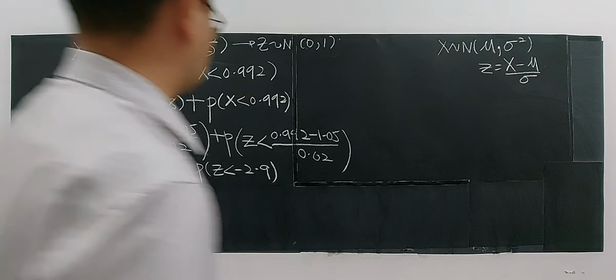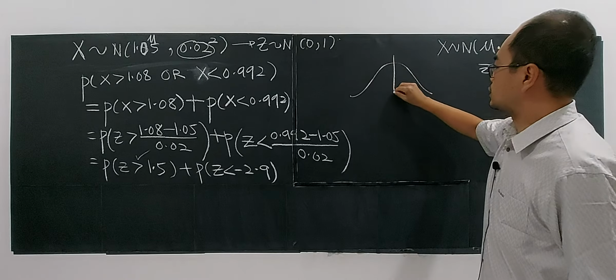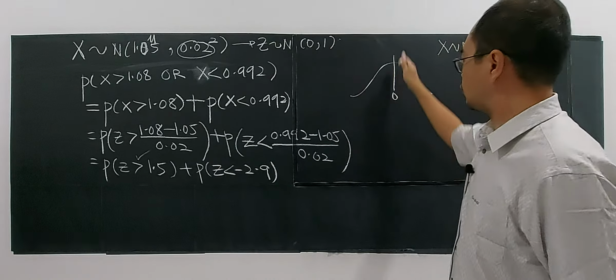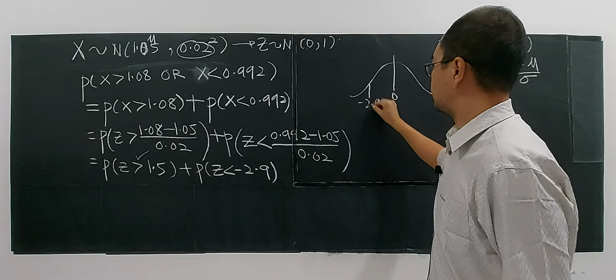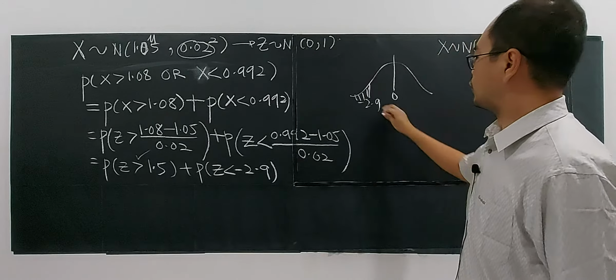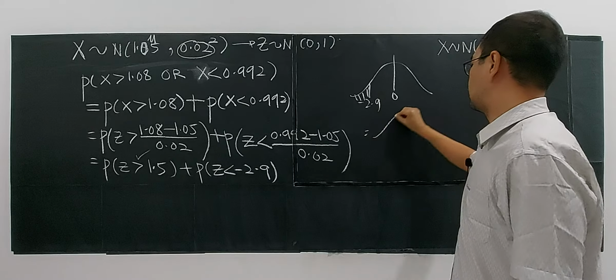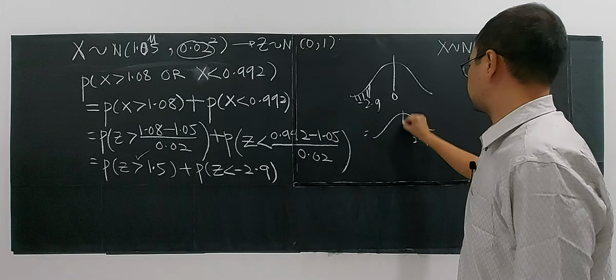The standard score Z has the mean 0 in the middle, so negative 2.9 is less than the mean. It's in this region, so to use the statistical table you have to reflect this onto the right-hand side, which will be 2.9.